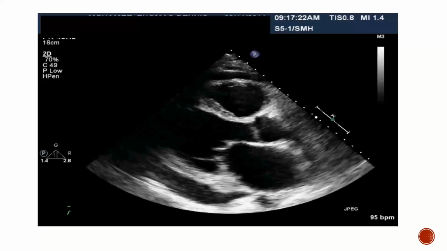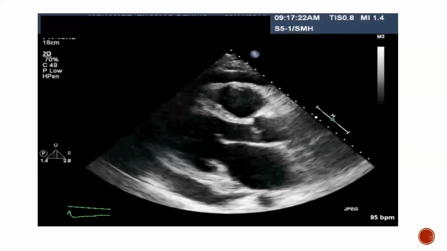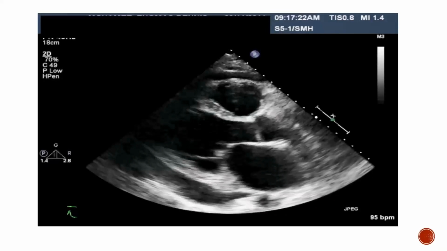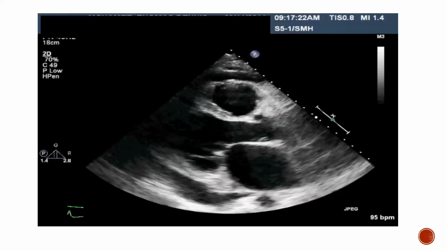So this was his echo when he presented. As you can see, there is at least moderate pericardial effusion. There is impaired LV function, and also there is a left atrial enlargement.